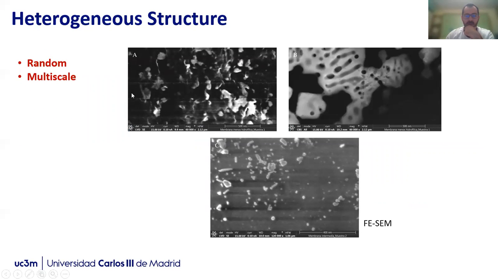When we look at our membranes in these FE-SEM images, we have a very heterogeneous structure. It's very random and multi-scale. We have hydrophilic and hydrophobic domains at different scales, essentially a very random structure.